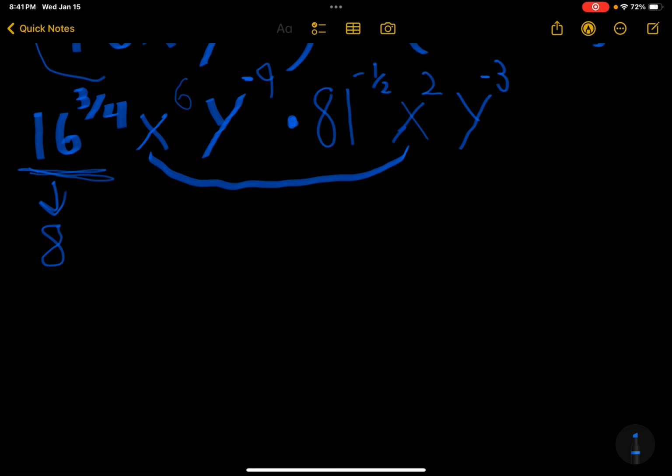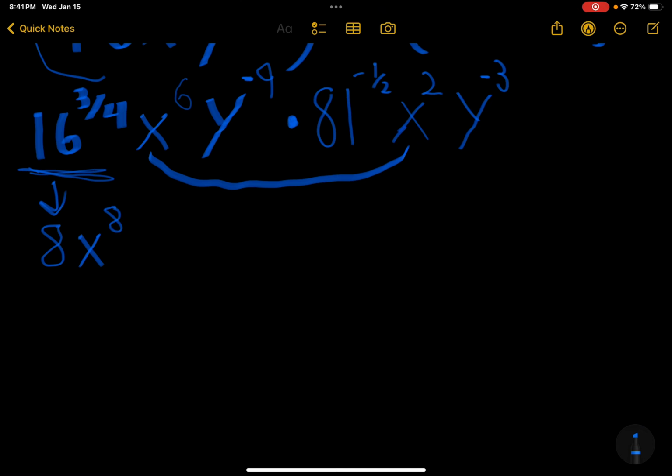Whenever you're multiplying these variables, you end up adding the exponents together. So x to the 6th power times x to the 2nd power. 6 plus 2, you add the exponents. So it ends up being x to the 8th power.